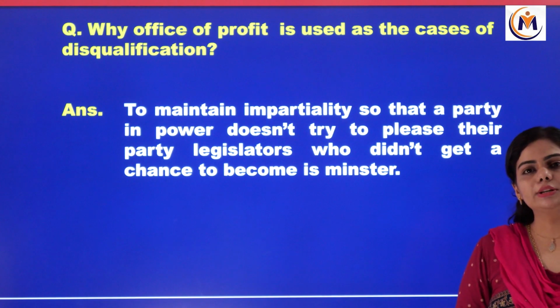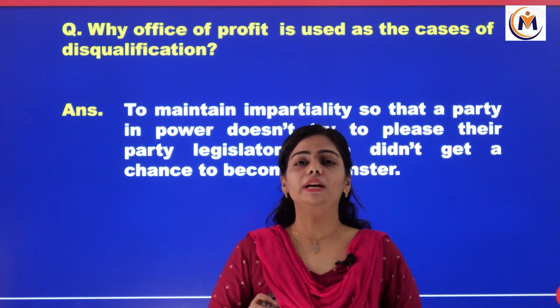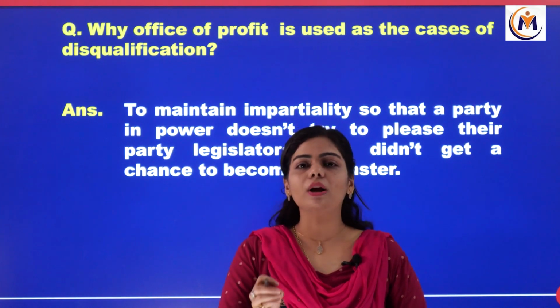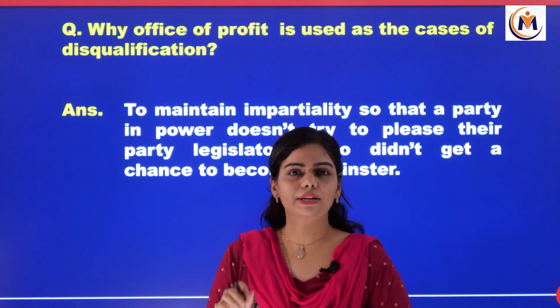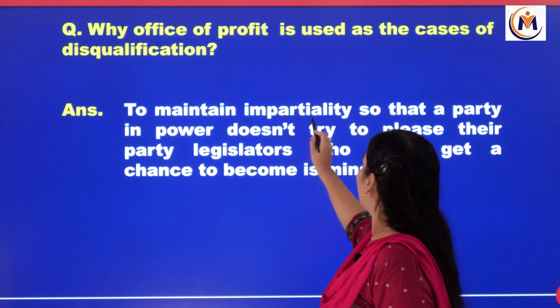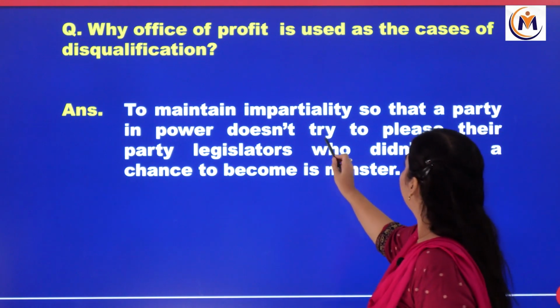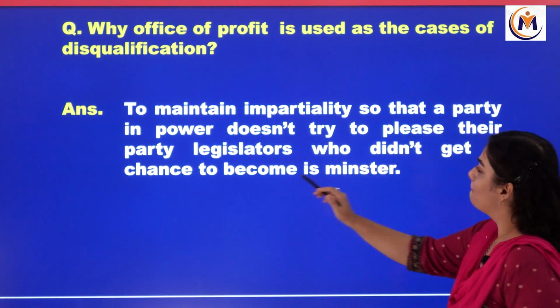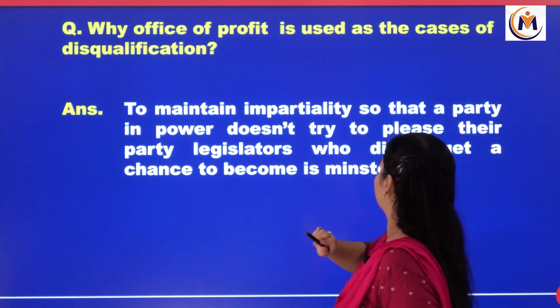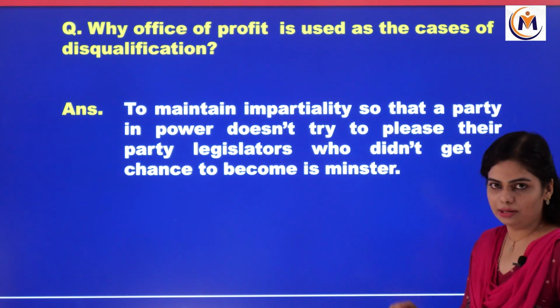So, what is the need to keep the office of profit as one of the criteria for disqualification to contest a presidential election? The answer is to maintain impartiality so that a party in power doesn't try to please their party legislators who didn't get a chance to become the minister.